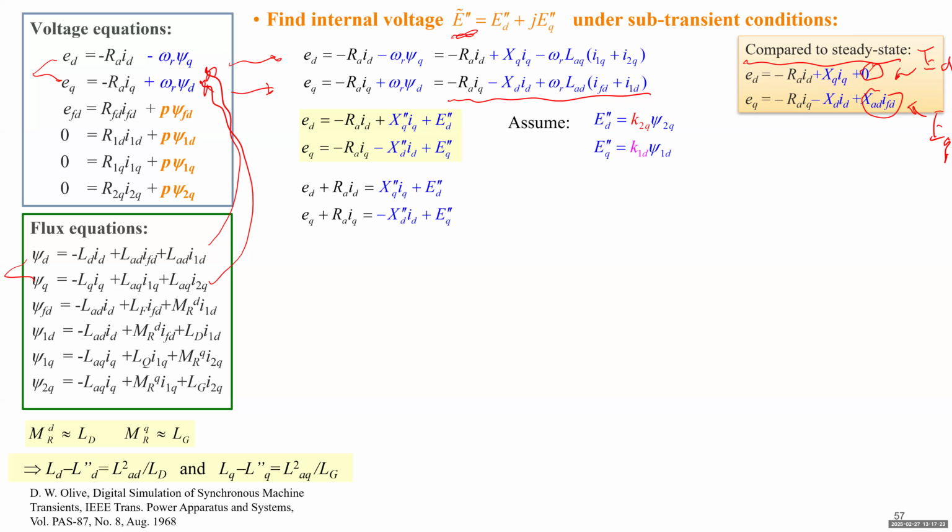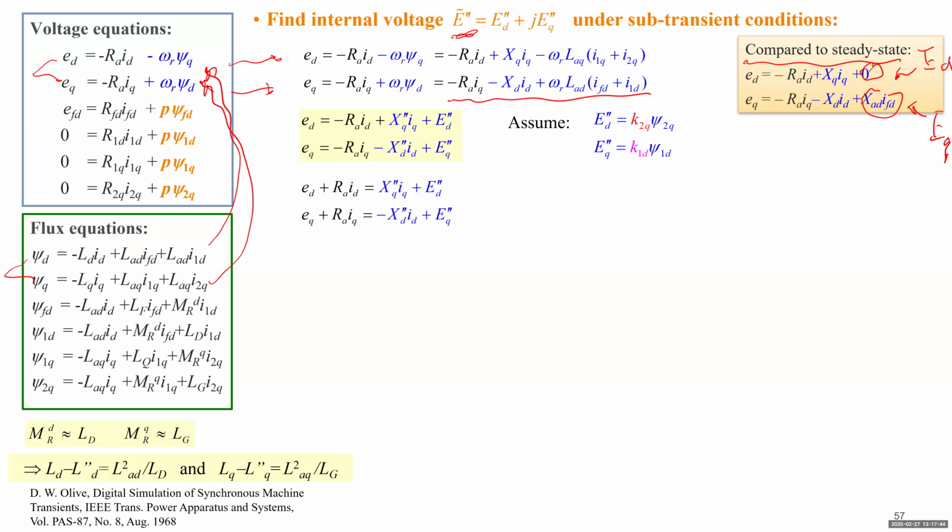If this is sub-transient dynamics, it has to link to some flux linkage, because this voltage has to be induced by some flux linkage also associated with the sub-transient dynamics. So which one is that? I already told you: the ED double prime has to come from psi 2Q. But why do I put psi 2Q?